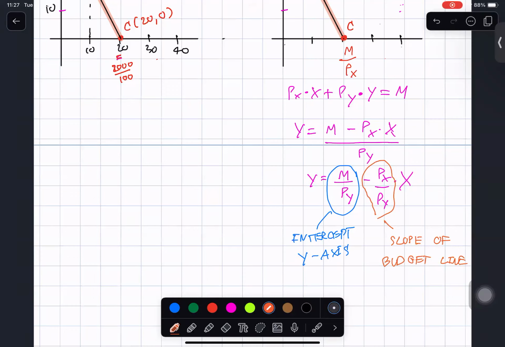All points on the curve fulfill this: total expenditure equal to income. He spent up his income if he purchased any basket on the line. Here, it looks like what you study in high school. Y equals A minus BX. A is the intercept on the vertical axis. Minus B is the slope of the curve.